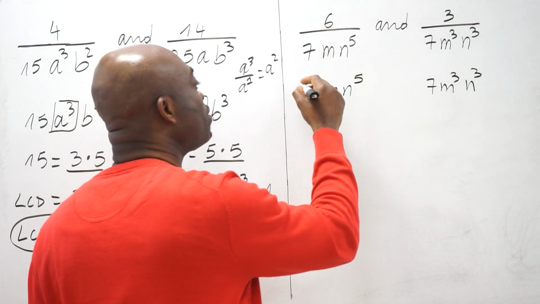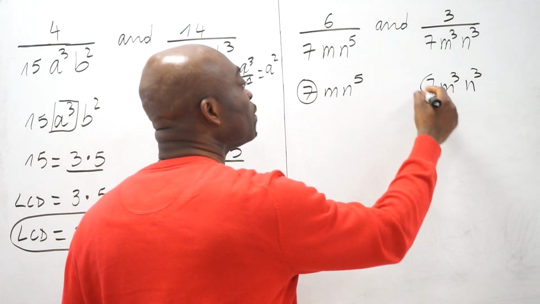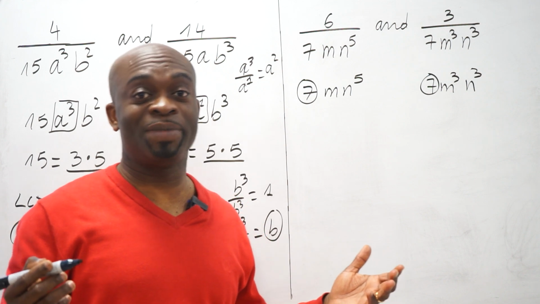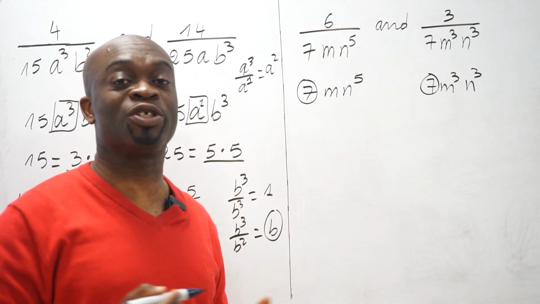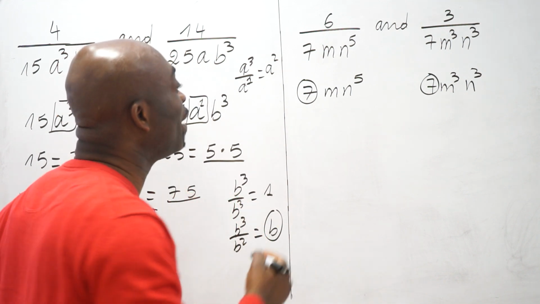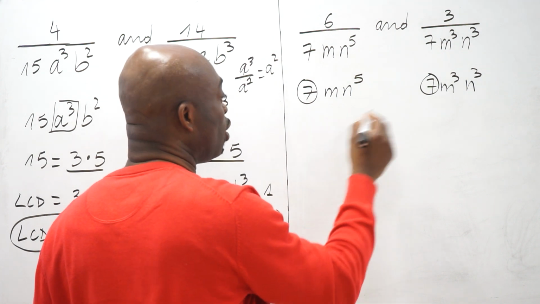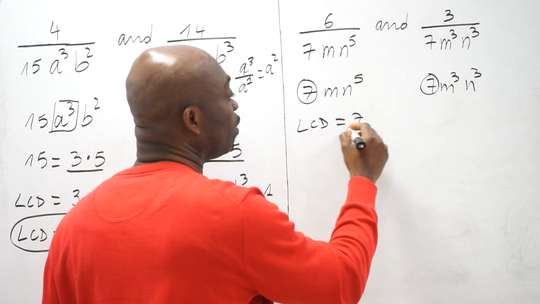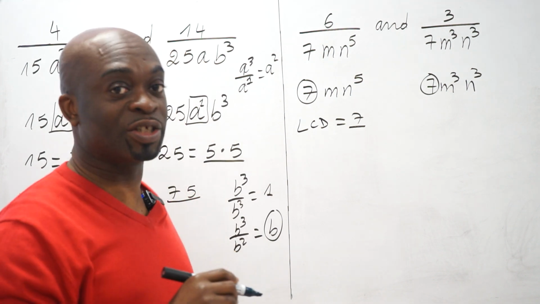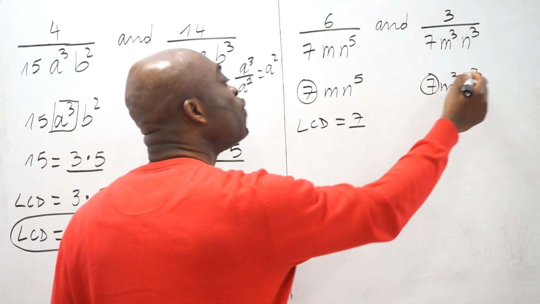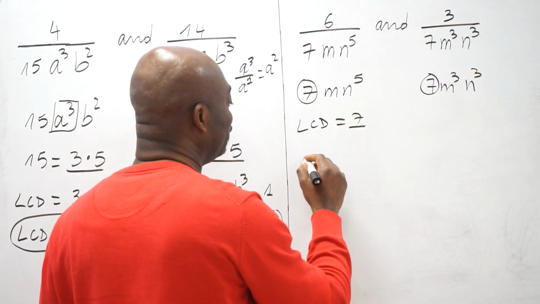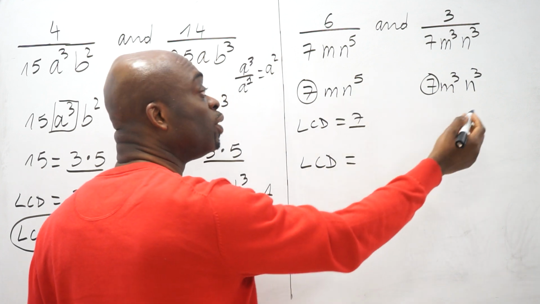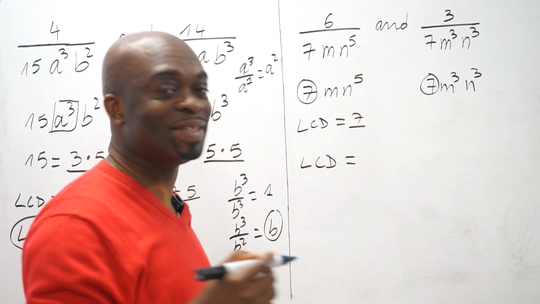When it comes to the numbers, 7 and 7, there is no game there. The LCD for the numbers is just 7, so we carry that. We're not finished because we also have to do it for the variables, which is easier since we have monomials.